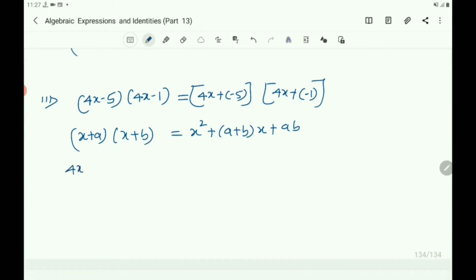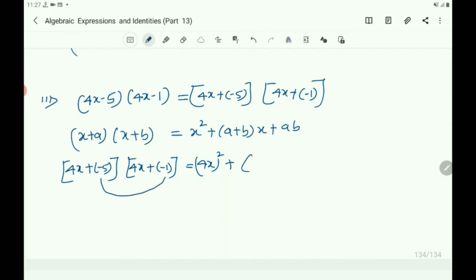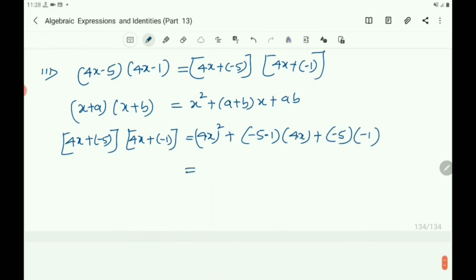Then you write (4x + (−5))(4x + (−1)) equals x² is (4x)², plus (a + b), meaning the sum of −5 and −1, into x, which is 4x, where a is −5 and b is −1, plus ab. Then (4x)² is 16x², and the sum of −5 and −1 is −6.